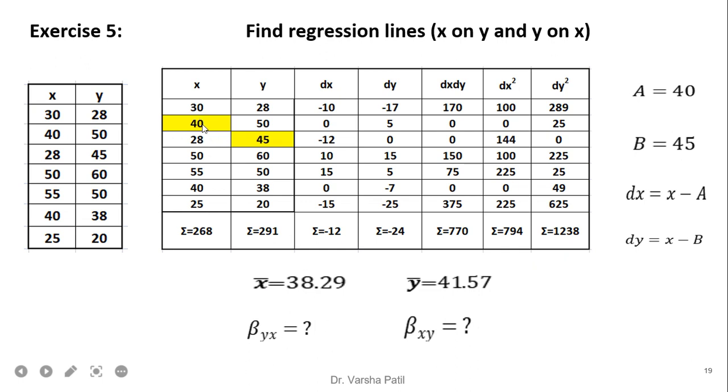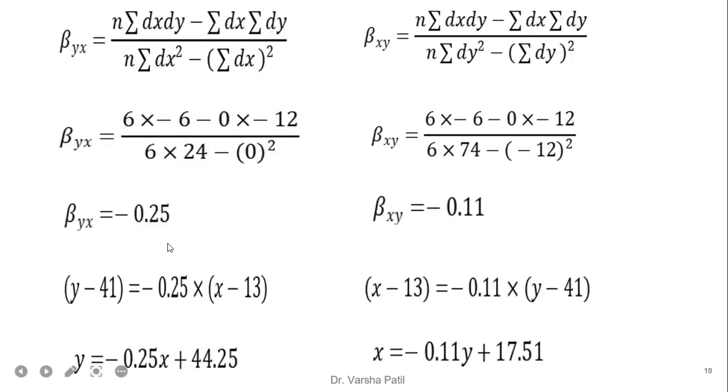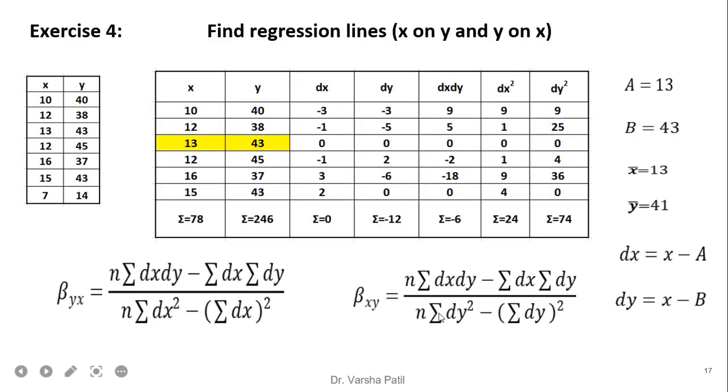Here 40 is taken as the median for x and 45 as the median for y. I didn't divide by the interval h, but we can do that also. After that we calculate dx, dy, their multiplication, dx square, dy square, x bar and y bar, and we need to find byx and bxy. We just put the values into this formula and we will get the answer.